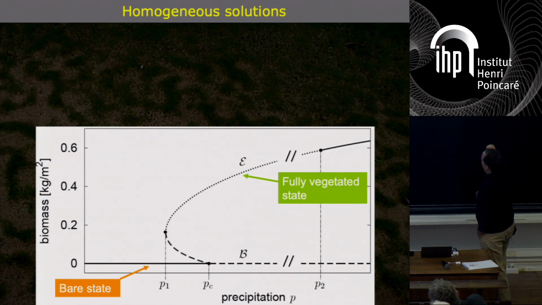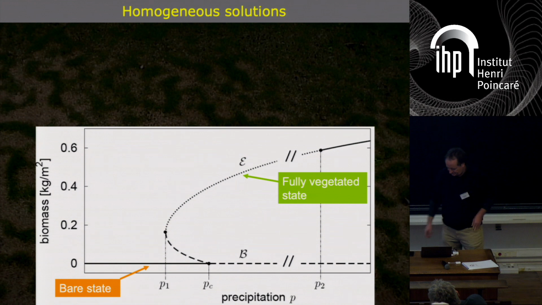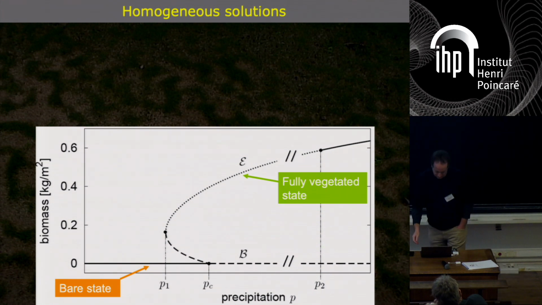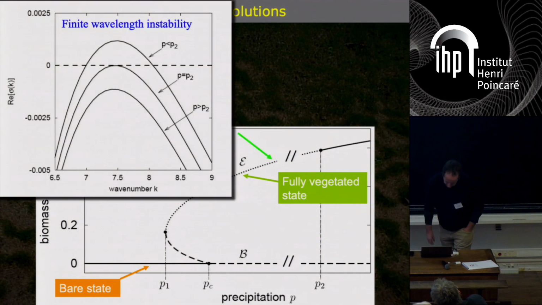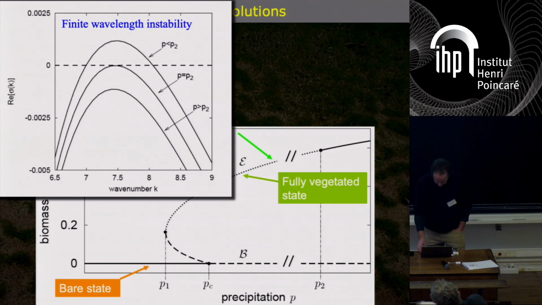You have a bare state, which becomes unstable at a certain point, and a fully vegetated state above it. But when you now study the possibility of spatially varying perturbations, you discover that the fully vegetated uniform state is unstable to non-uniform perturbations. So there is a finite wavelength instability in the system, and this leads to the formation of vegetation patterns.